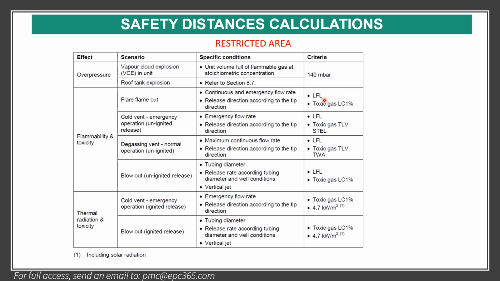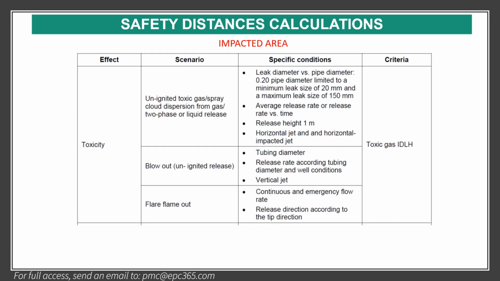One thing I have to say is that the release for the restricted area is 20% of the larger pipe diameter in the area. So here it is 20% of pipe diameter, limited to a maximum size of 20 millimeter, and a leak size of 150 millimeter. This is for the impacted area.